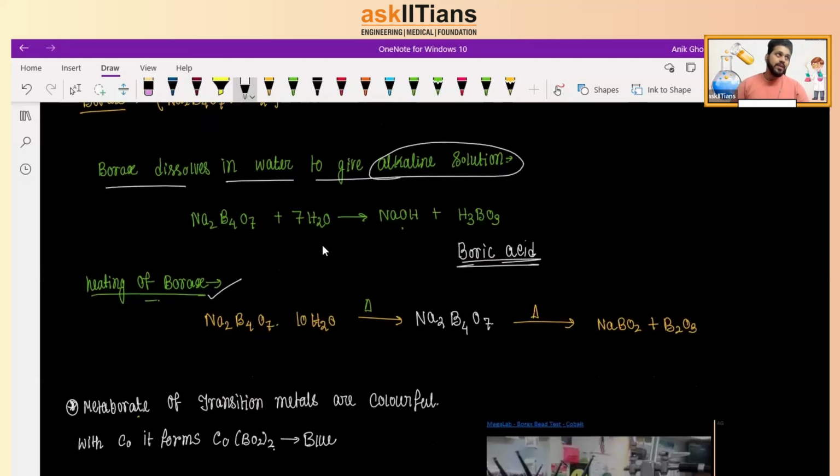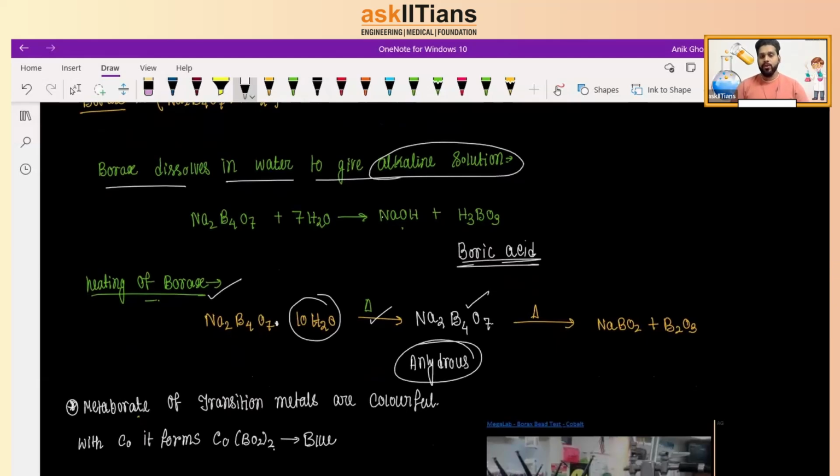Now, heating of borax. Guys, you know that borax has 10 water molecules associated with it. So definitely, the first time you give some heat to it, you'll be able to see this water of crystallization, which is physically bonded with my crystal, going away. We are going to get anhydrous borax, the anhydrous salt of it.